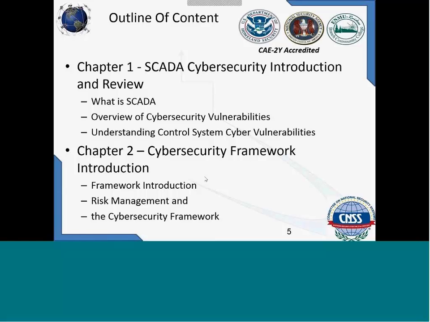That was signed on February 12th of 2013, and it calls for the development of a voluntary cybersecurity framework that provides a prioritized, flexible, repeatable, performance-based and cost-effective approach to managing cybersecurity risk for processes, information, and systems directly involved in the delivery of critical infrastructure services.